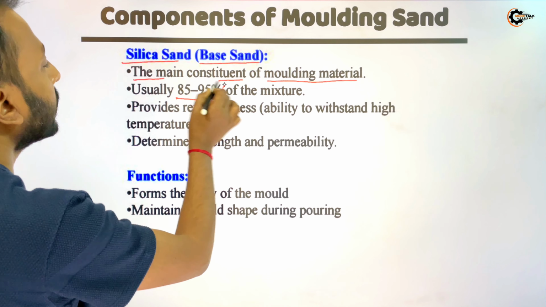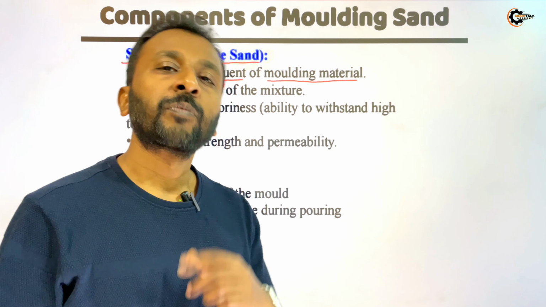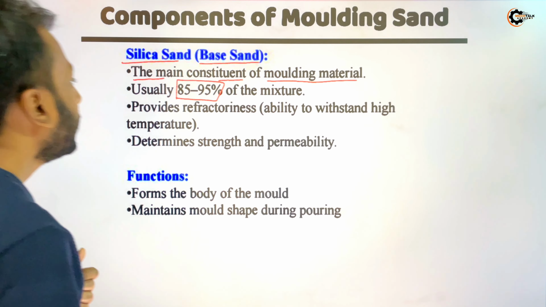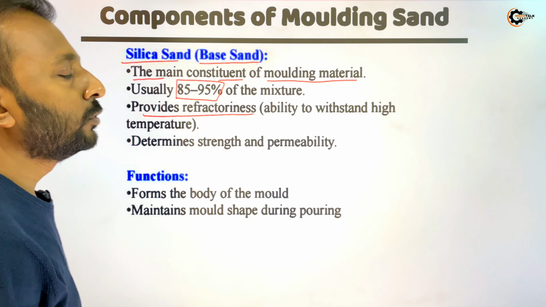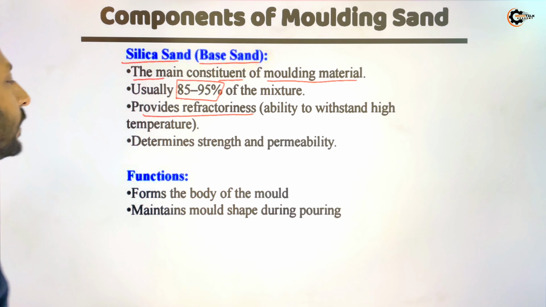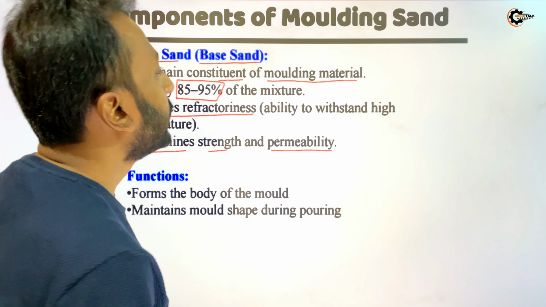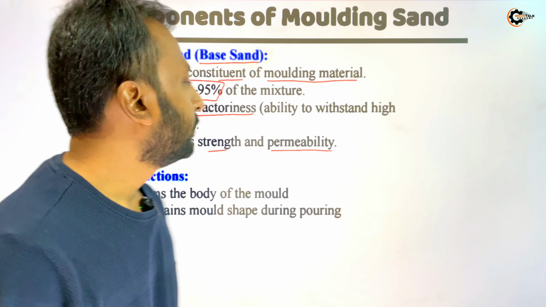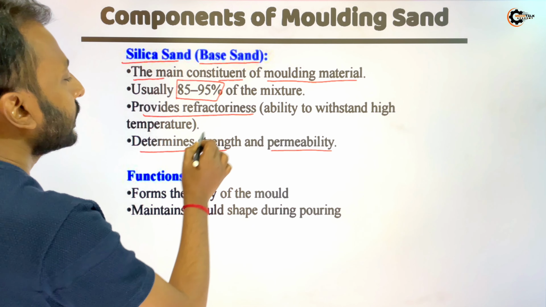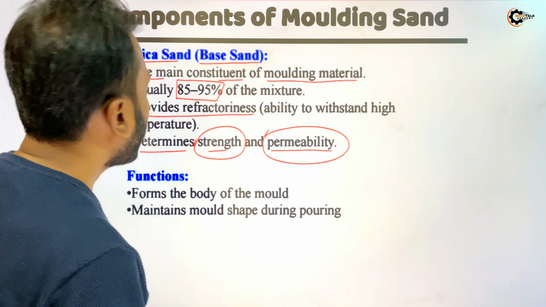Usually it makes up 85 to 95% of the molding sand mixture. It provides refractoriness, which is the property to withstand the temperature of the molten metal, and determines strength and permeability. We use molding sand as molding material because of its high strength and permeability.